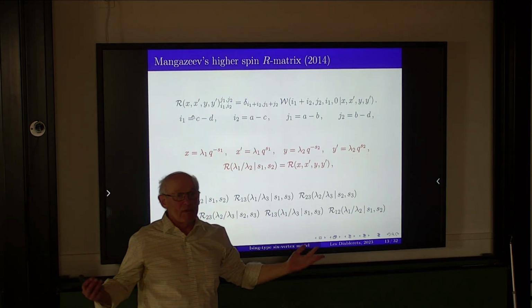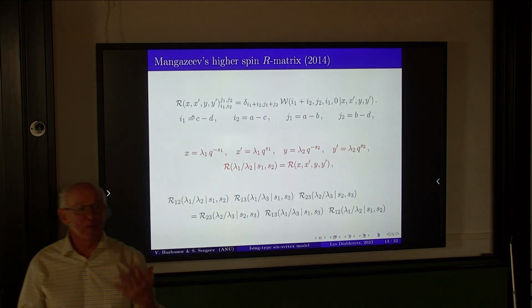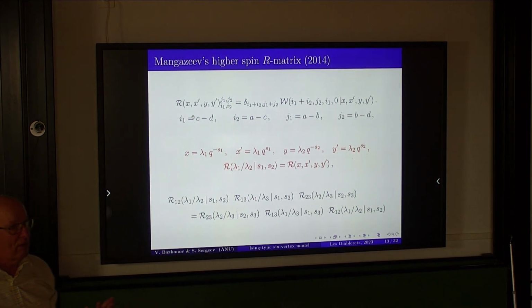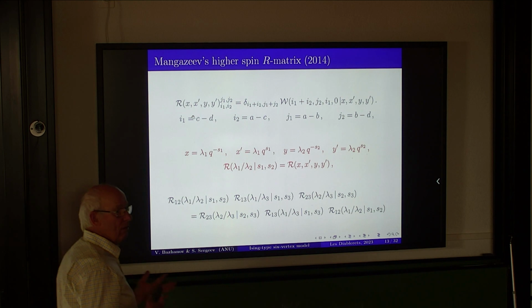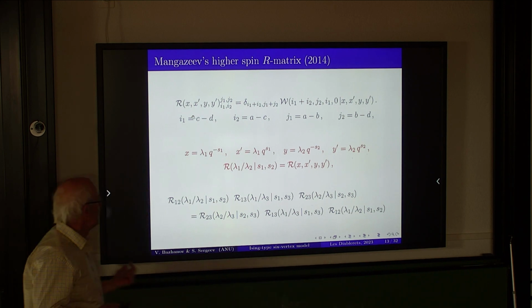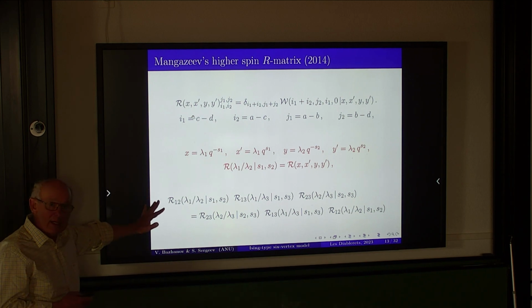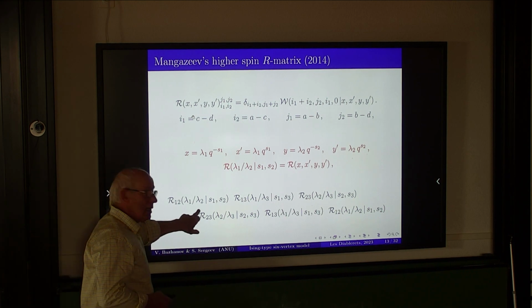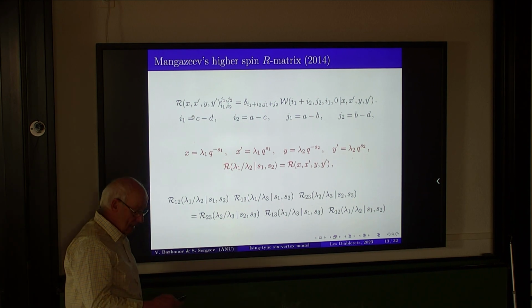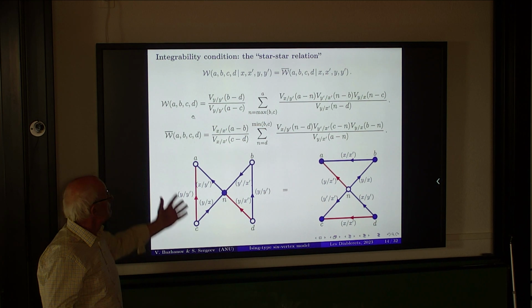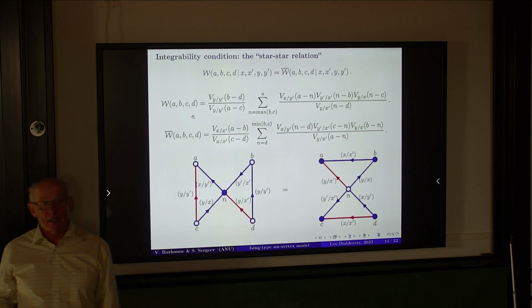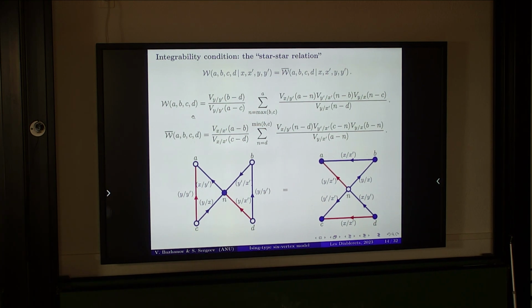It's the same quantity, just a different formulation in terms of the vertex indices or face indices. So we know it satisfies the Yang-Baxter equation, but this relation is much more complicated than this star relation.